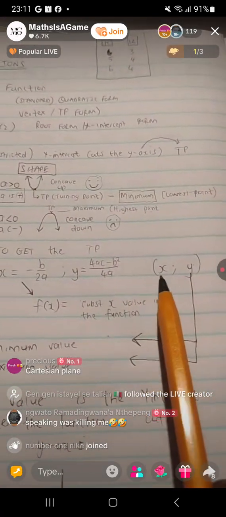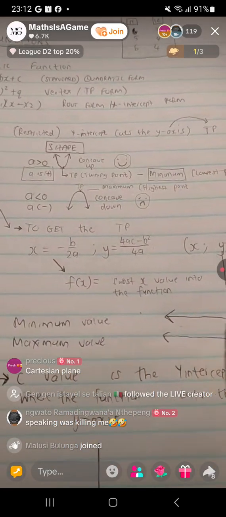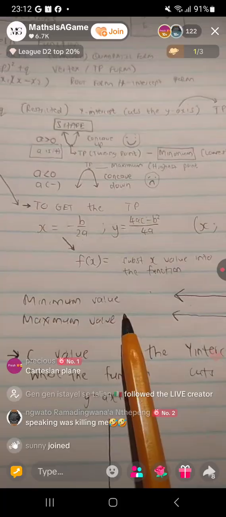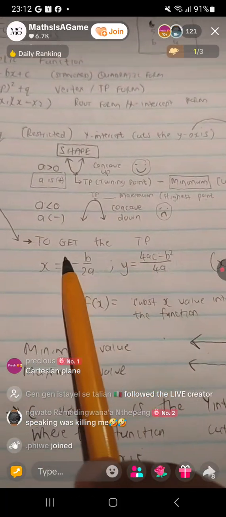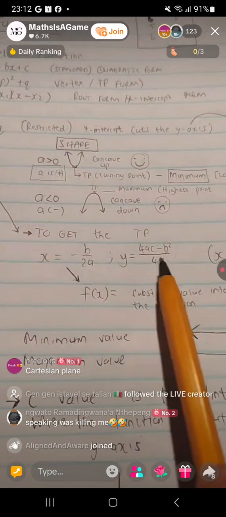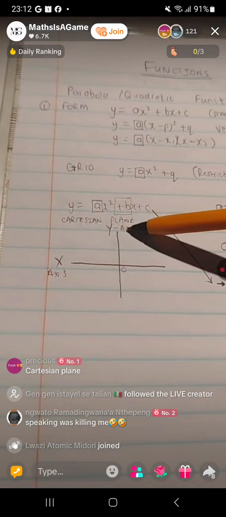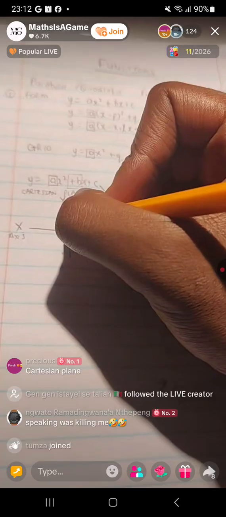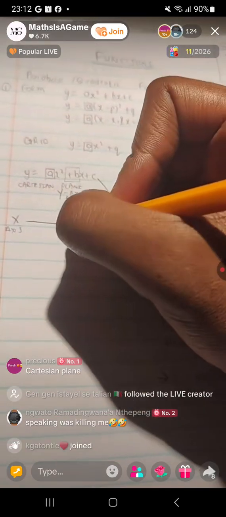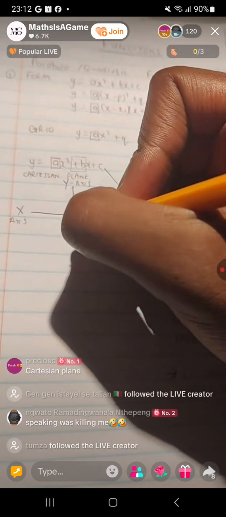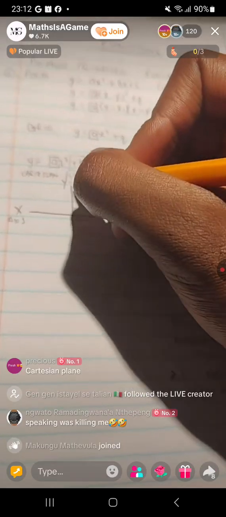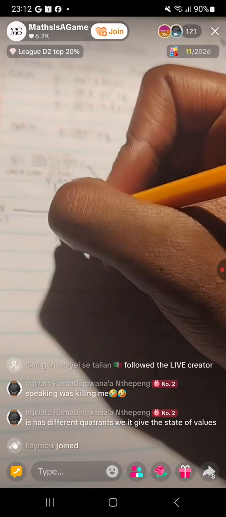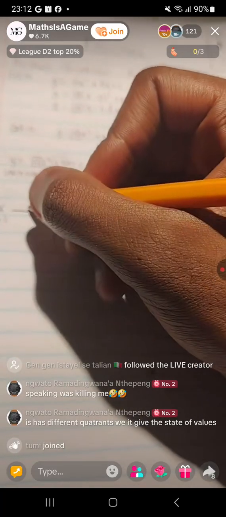So that is why we say it is the y value that is either the minimum or the maximum of the turning point. So the y-axis is here, guys, and what you have here is simply a number line of real values.